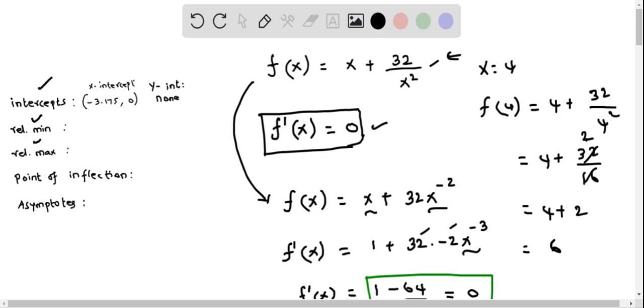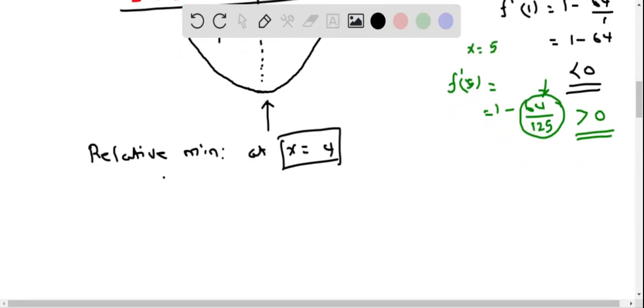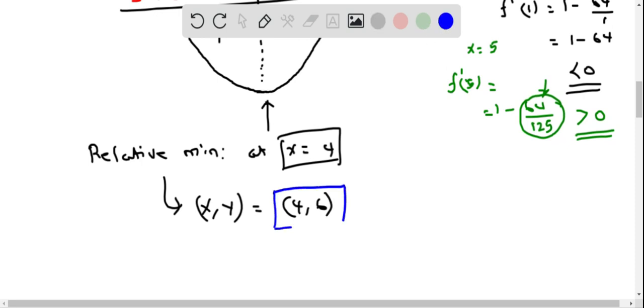So f of 4 equal to 6, which is the y coordinate of the relative minimum. So we can just write down this relative minimum in terms of coordinate as x comma y, and this equals 4 comma 6. So therefore we say that the relative minimum of the function is 4 comma 6.